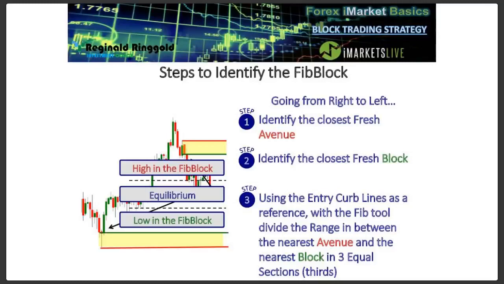When we break it up into thirds, it's going to let us know where we are relative to high on the fib block. Are we in equilibrium, or are we low on the fib block? Now, I'm talking about higher time frame. If I'm trading as a swing trader, this is my weekly time frame. I need to know, am I closer to support or am I closer to resistance? Am I closer to the floor? Am I closer to the ceiling?